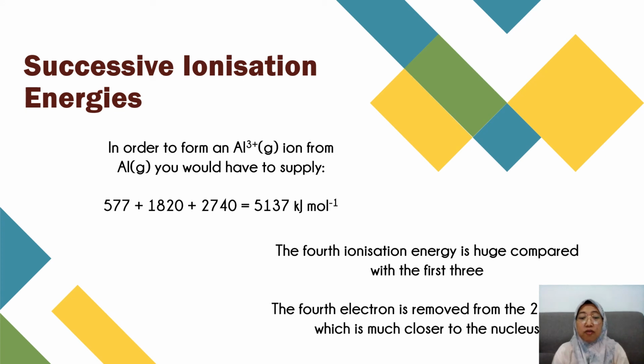So the fourth electron is removed from the shell which is much closer to the nucleus. Bila elektron tu semakin dekat dengan nucleus, attraction semakin kuat, jadi kita perlukan tenaga yang lebih tinggi.